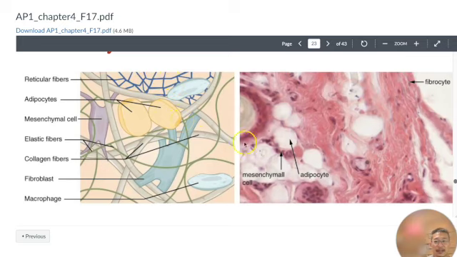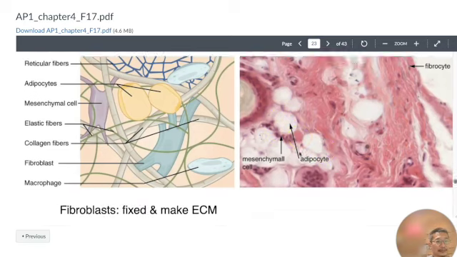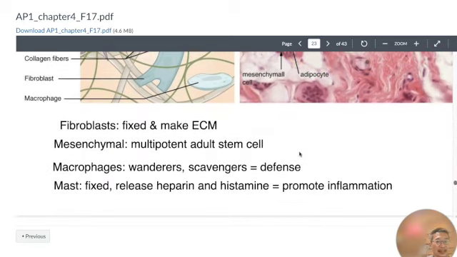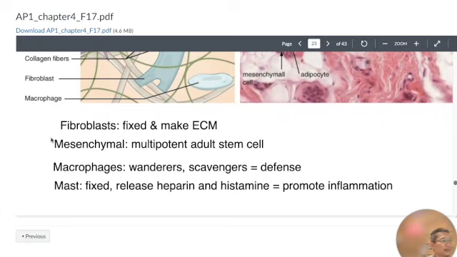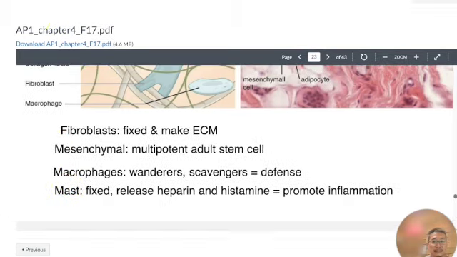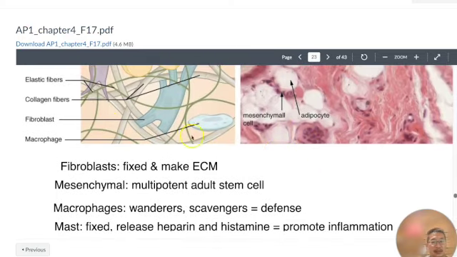Usually the adipocyte will look like just a white, because it's a fatty tissue. Again, here is some of the things that you find in there. So you can see the fibroblast.